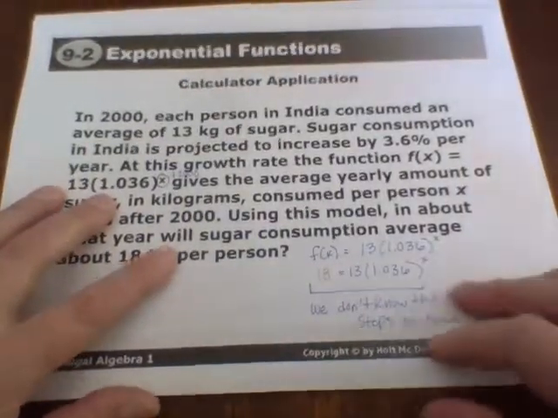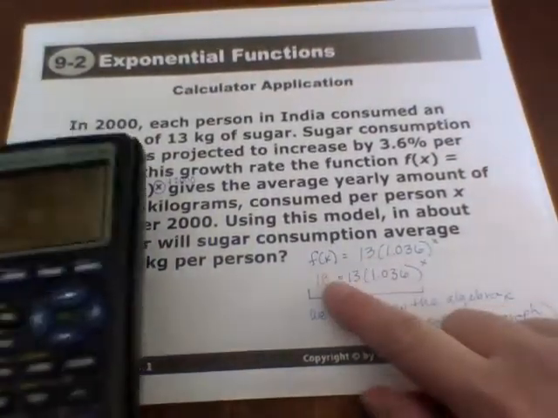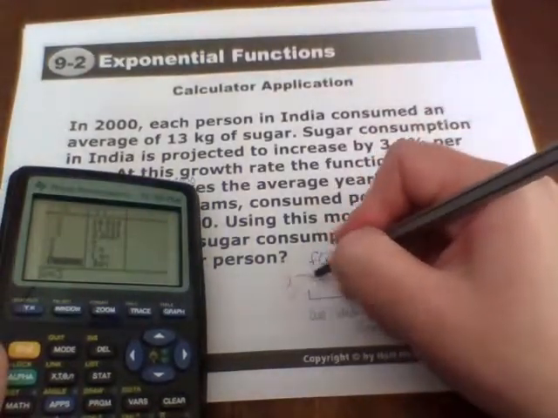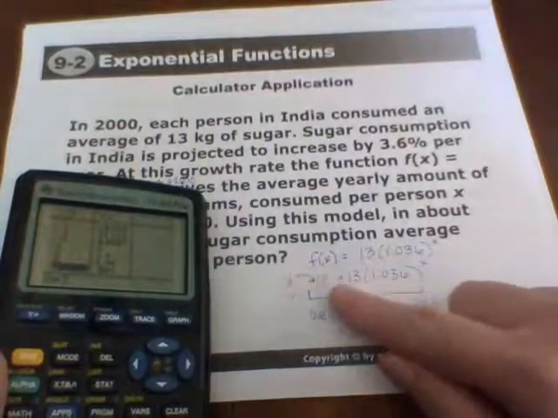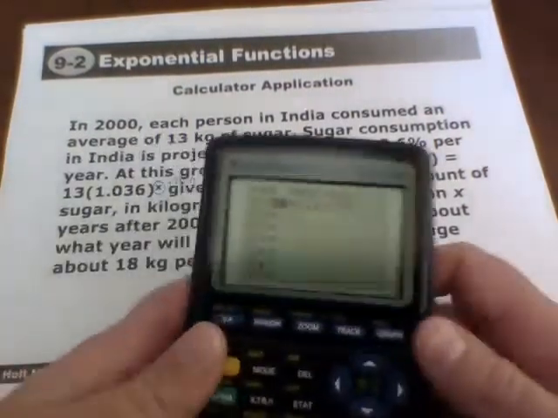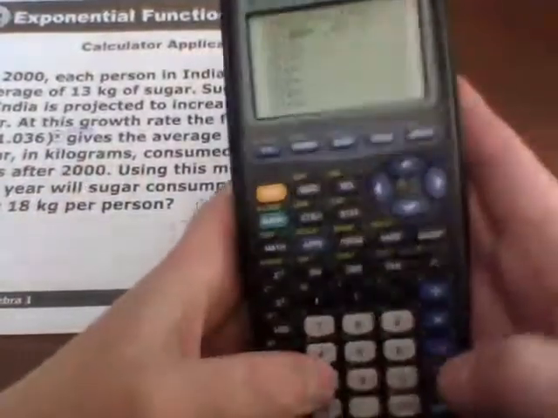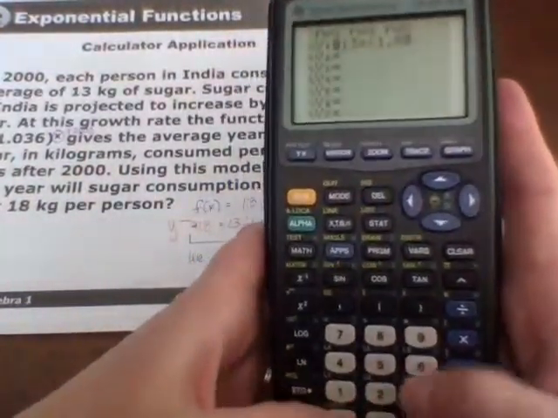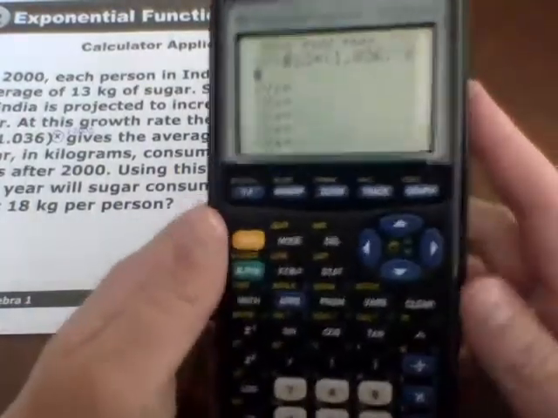We are going to try to find out when our y value, remember that this is your y value, is going to equal the same as this value. So plugging in our equation, we've got 13 times 1.036 to the x.